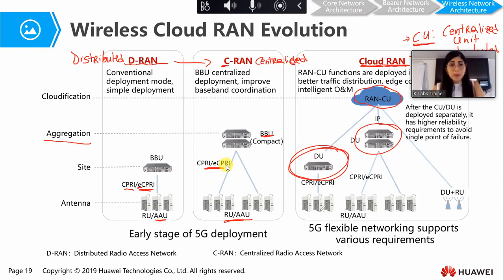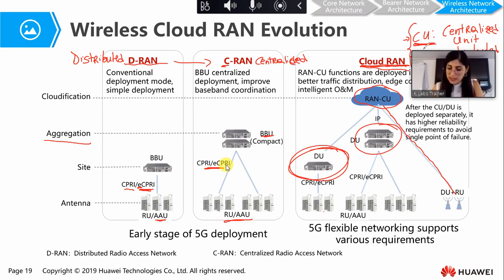But for some applications that have no requirement in terms of latency, like for example Internet of Things applications, like massive machine type communication, we can have the centralized unit, which is cloudified, directly connected to our radio frequency unit. So this is a very flexible structure. It is called Cloud RAN. The baseband unit functions are split into centralized unit and distributed unit.